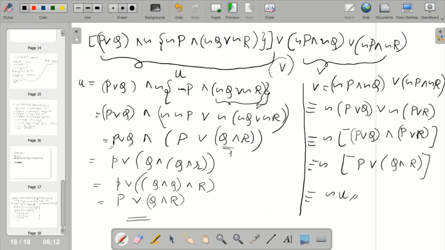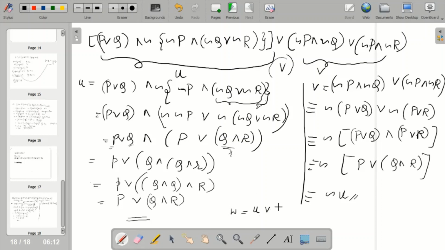So let us take W. W is nothing but the entire expression, U logical operator V. So it is U or V. I'll use small letter v also, otherwise you will get confused.